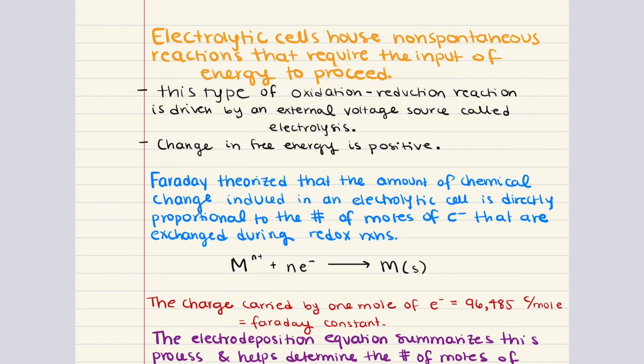Faraday's laws quantitatively relate the amount of substance altered at an electrode during electrolysis to the quantity of electric charge that's passed through the substance. He established 2 key laws of electrolysis. The first says that the amount of chemical change produced by an electric current in an electrolyte is directly proportional to the quantity of electricity that's passed through the electrolyte.